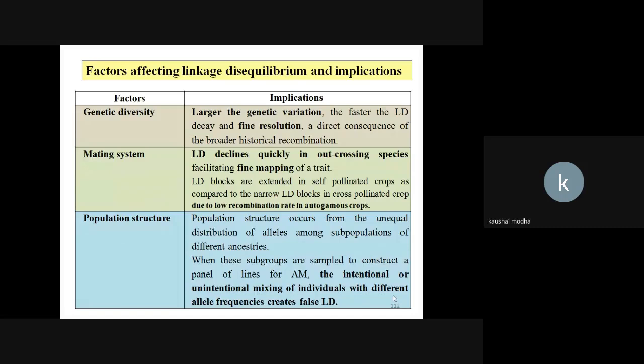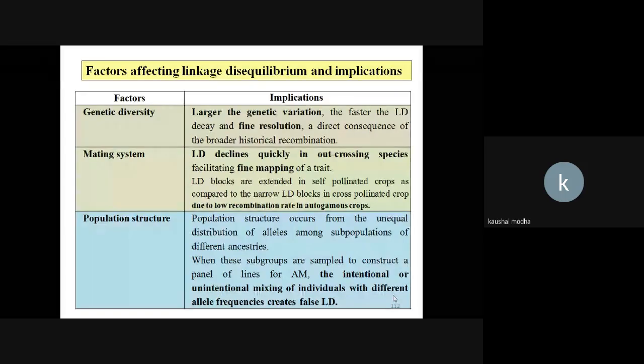So sometimes you collect 2 to 3 germplasms from various areas and they have allelic differences. And because of that, when you mix them together for LD mapping or association mapping, because of the unequal allelic frequencies, a false LD is created. That is called population structure or population stratification.